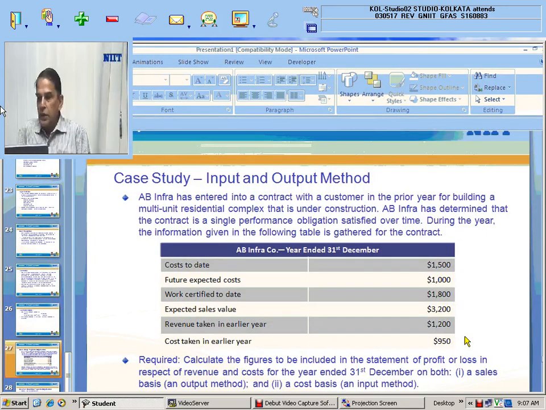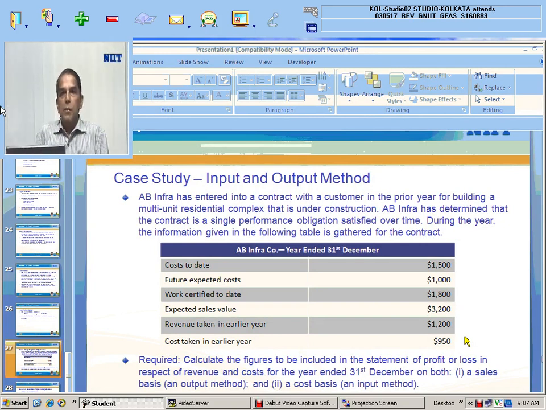So for revenue recognition under contract, we look at the last case study. In the last case study, we'll look at use of both the input and the output method. Input method, as you know, is basically cost basis, and output method is basically sales basis.